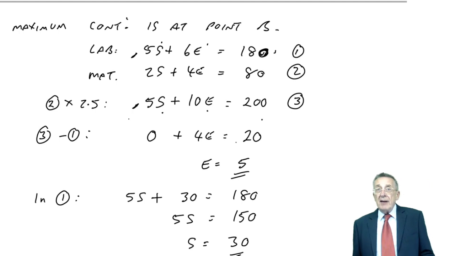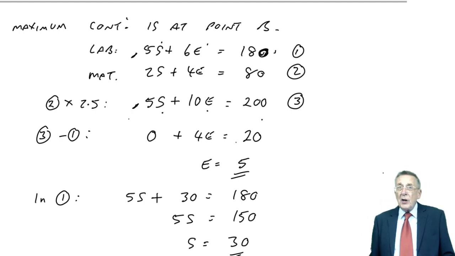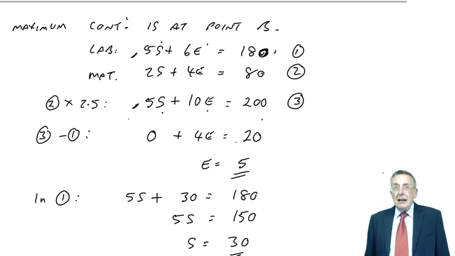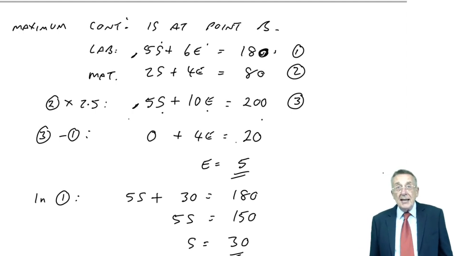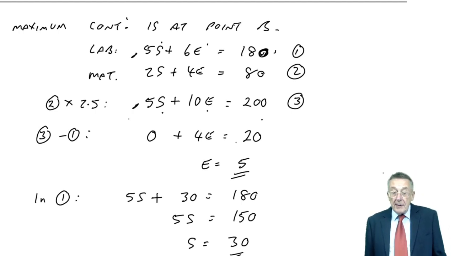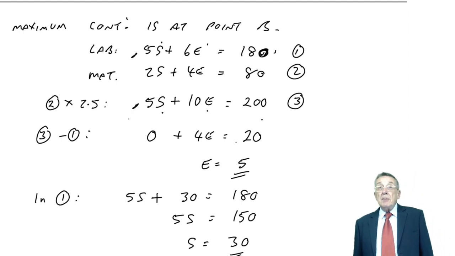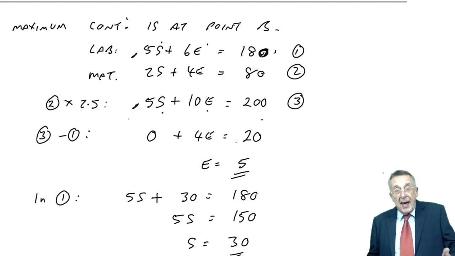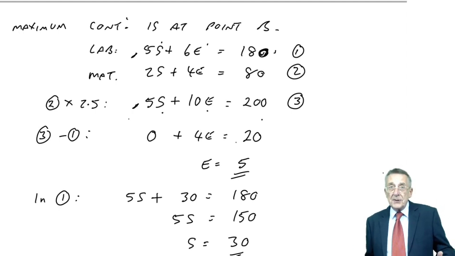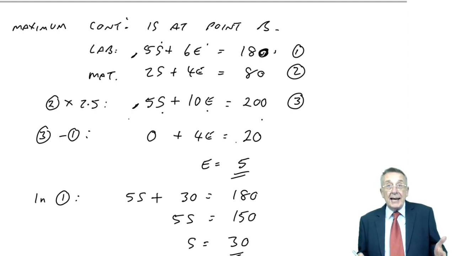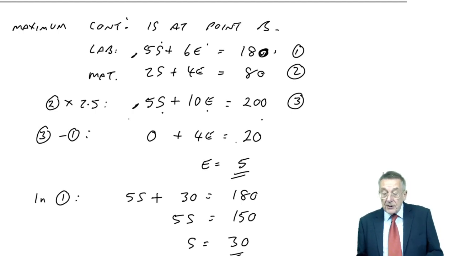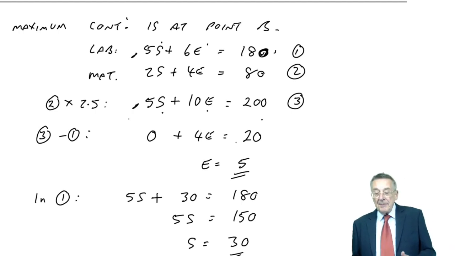Material, we had 80 kilos available, but we don't have to use all 80. If it turns out that maximum contribution only involves using 60 kilos, we only buy 60, no problem. But all we mean by slack is the amount of any spare of the limited resource. Have we used it all? If we have, we haven't got any spare, there's no slack. If we've not used it all, then there is spare, there is slack.